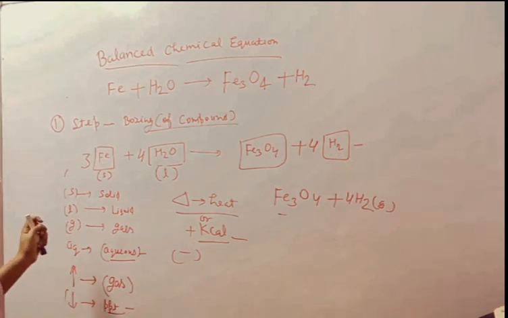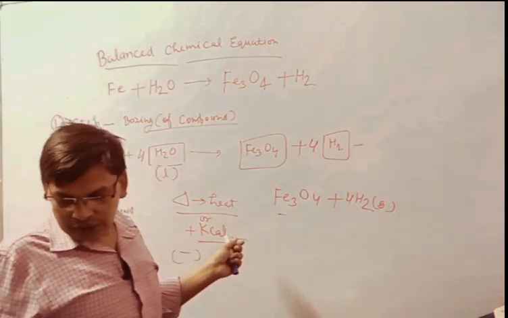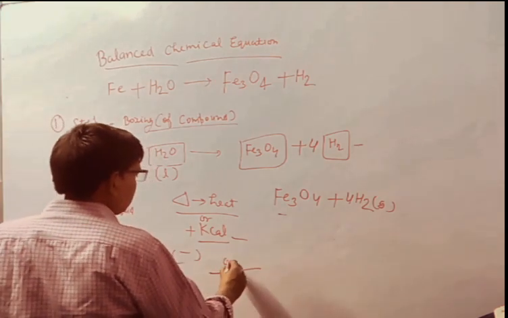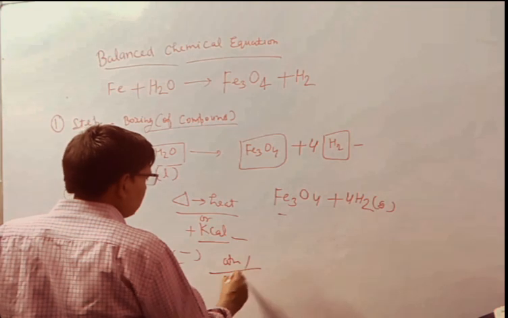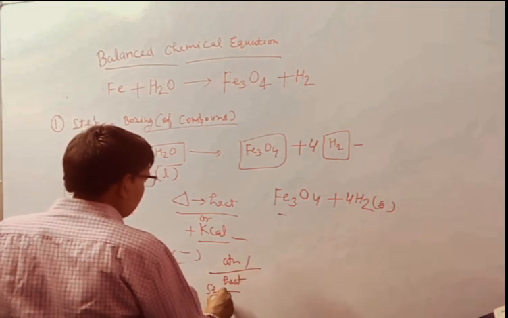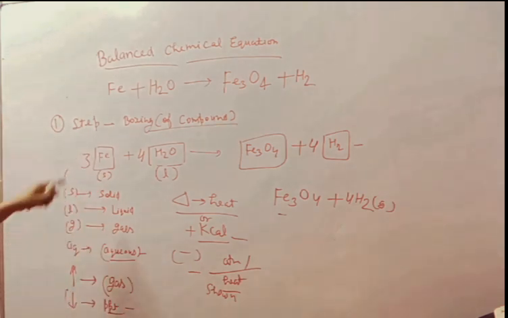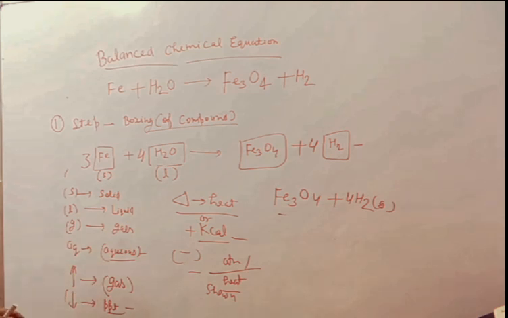Endothermic or exothermic reaction, these all conditions are noted down. If there are other conditions like the atmospheric pressure or heat or temperature, they are already shown in the equation. If the equations are written down, these things are also included in the balanced chemical equation, which tells about the state or the special condition required for performing that reaction.